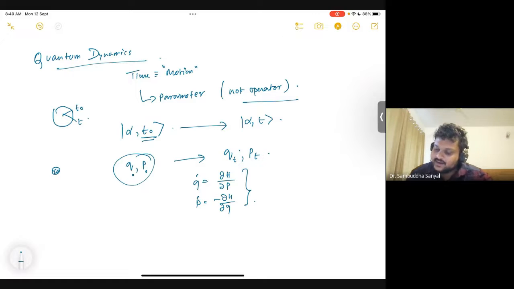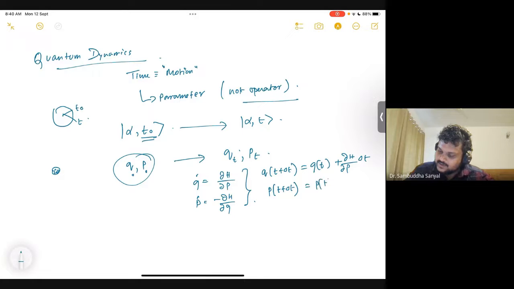And we can integrate these two equations to find q(t plus delta t) equals q(t) plus del H del p delta t, and p(t plus delta t) equals p(t) minus del H del q delta t. So this is what we learned already.